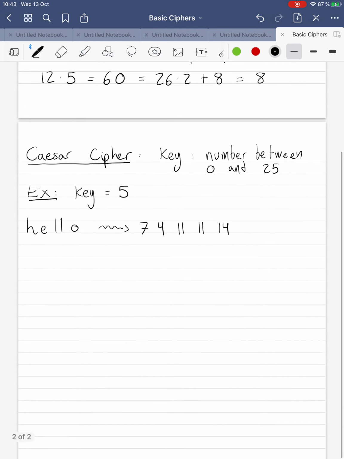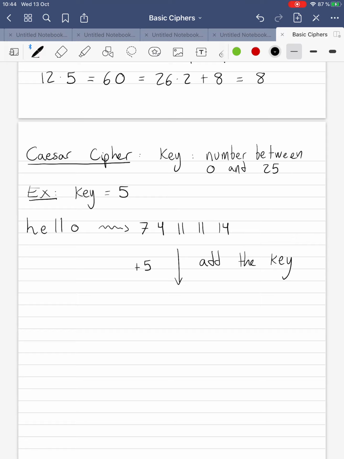But now the Caesar cipher, what it does is you add the key to each number. Add the key, but with this new addition where 26 is equal to 0. So in this case, if the key is 5, we're going to add 5.